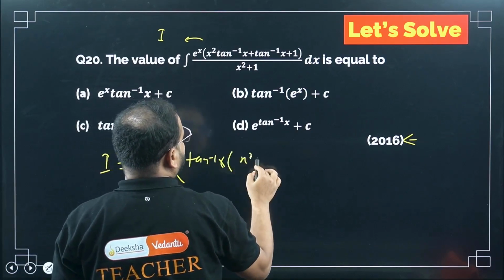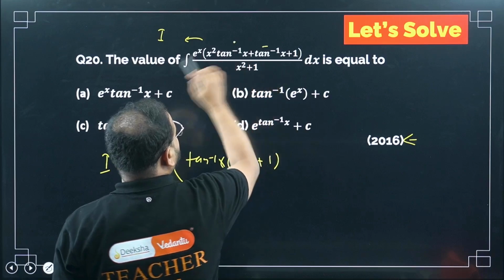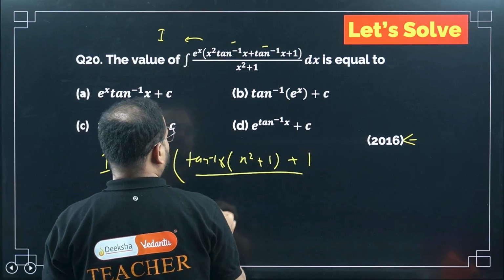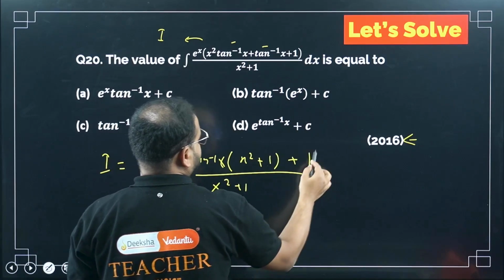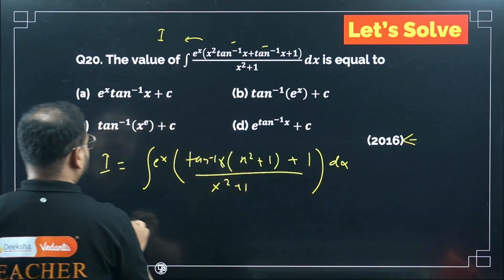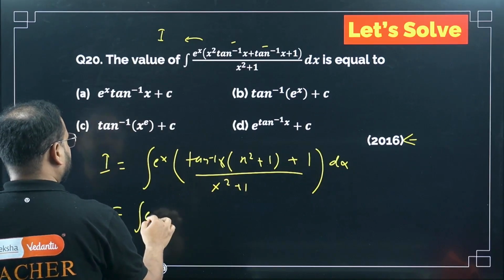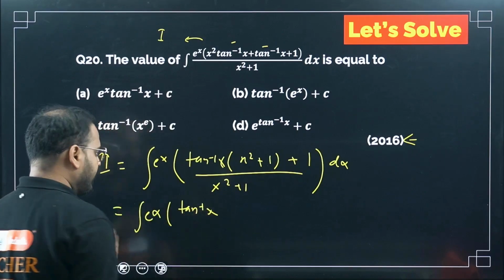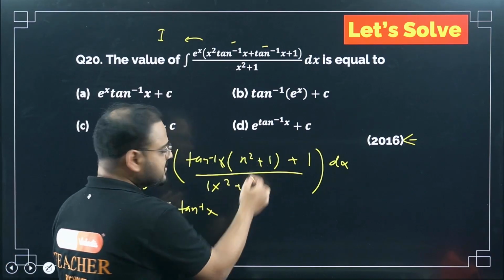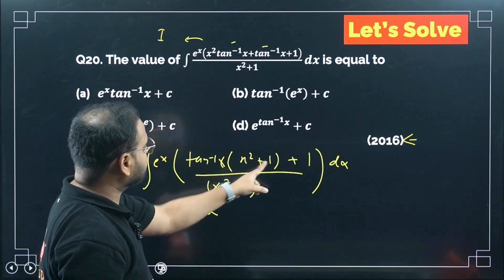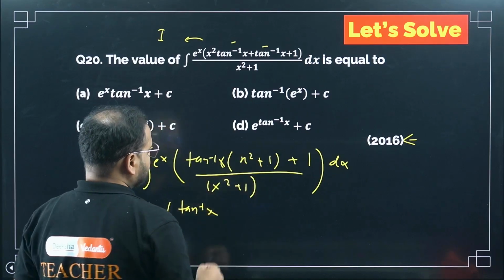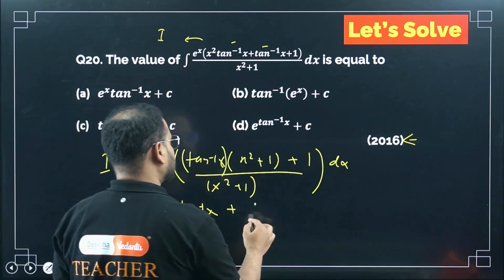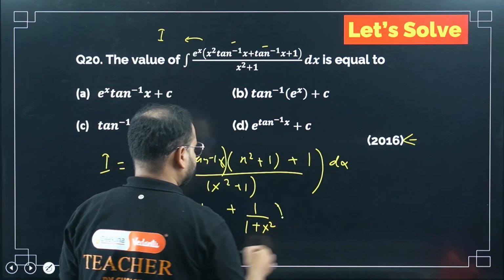I get x square plus 1, divided by x square plus 1, with dx. Now divide this individually. So I get integration of e power x times, how much is left now? Please check. tan inverse of x is left, right? Because if you do that, x square plus 1 will cancel each other. And this will be 1 plus x square. Very, very simple.